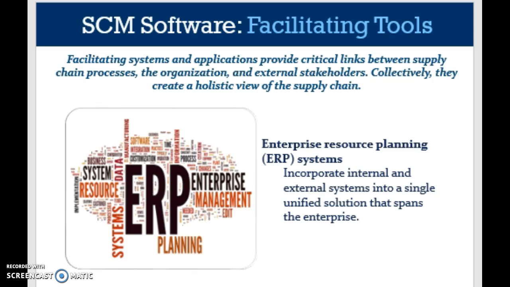Briefly discussed here are systems and applications that provide critical links between supply chain processes, the organization, and external stakeholders. Collectively, they create a holistic view of the supply chain. Let's look at enterprise resource planning. ERP systems incorporate internal and external systems into a single unified solution that spans the enterprise.